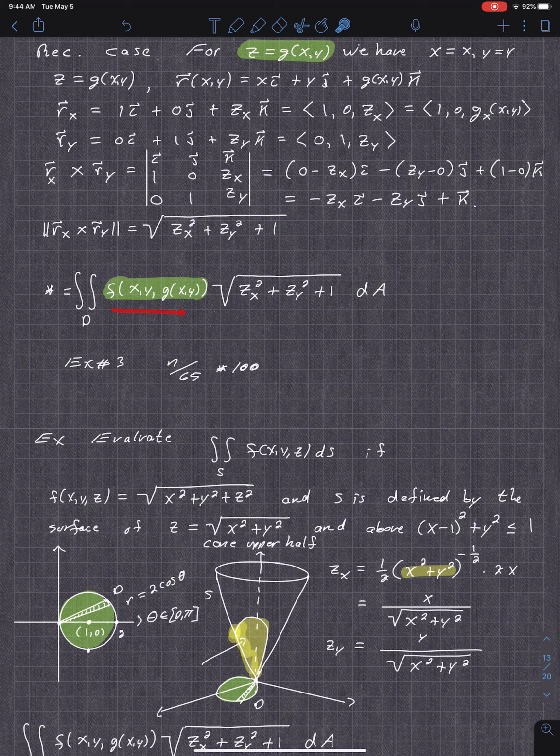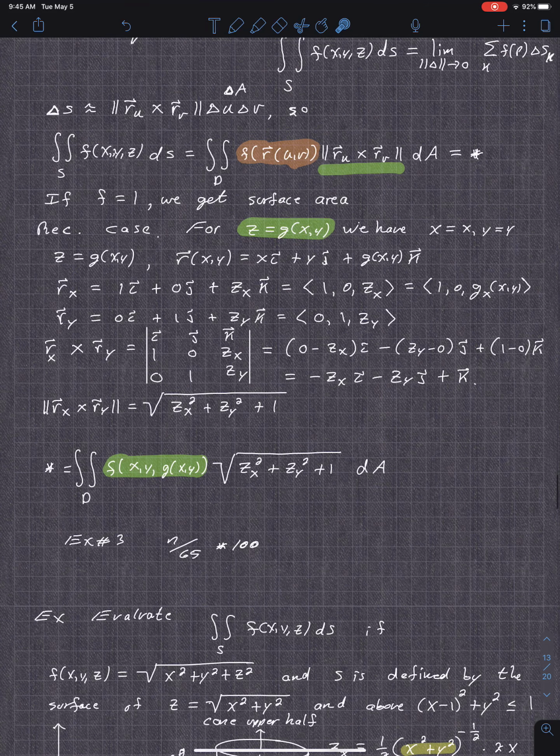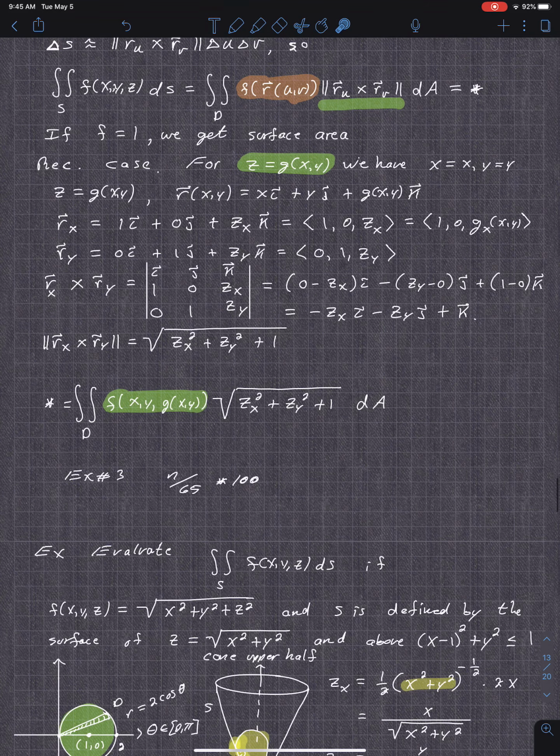So here's the evaluation formula we're going to use. D is that projection down. So here's your D in the XY plane, like that. So you're going to integrate over this region up to the surface. This derivation that I did above here basically shows how that works.